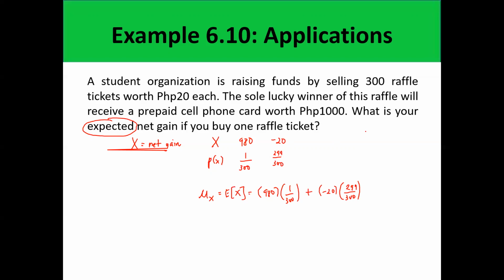Okay, and then if the mean is positive, then that means that the student will always gain an amount. And whenever the mean is zero, that means that this particular situation is a fair game or a fair situation.